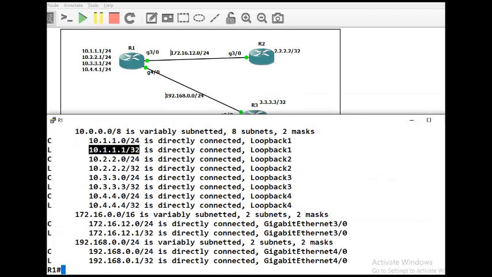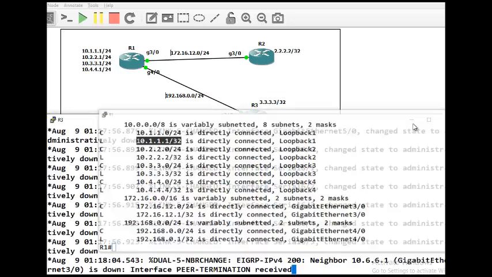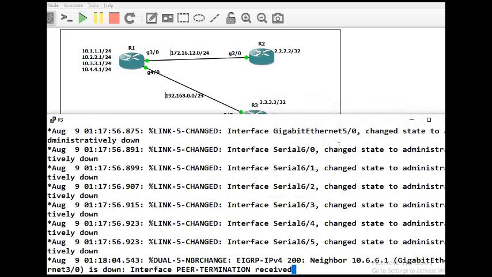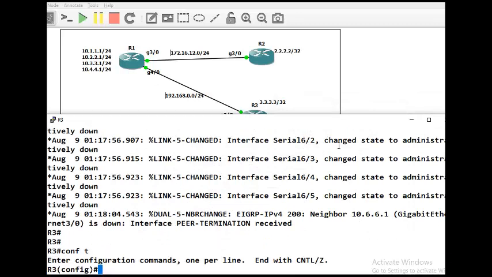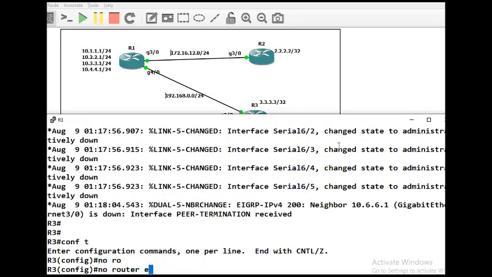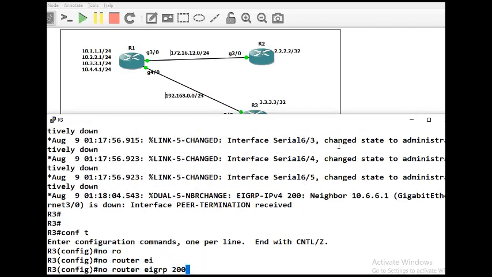One more router to start summarization. One more router. No router EIGRP 200.